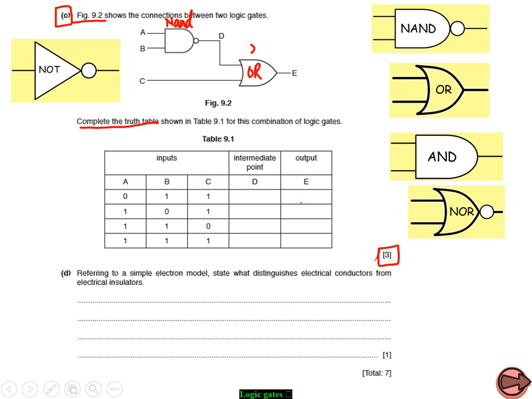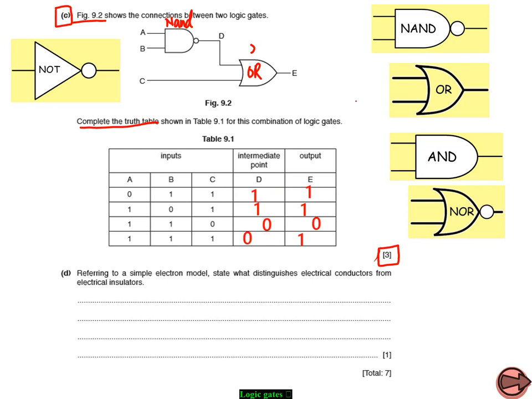First of all, you can see here, for the NAND gate, input A is equal to 0 and input B is equal to 1. We need to understand what the output is.